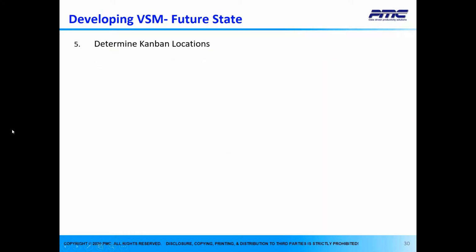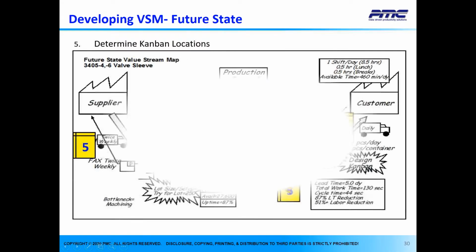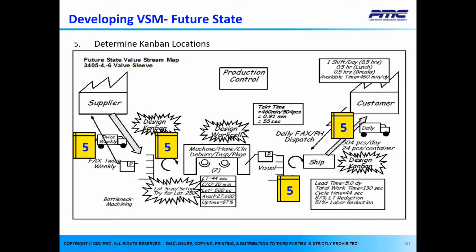So with a work cell for 5 processes, scheduling between them becomes a trivial case. They will be directly linked with continuous or small batch flow. Kanban internal to the cell is unnecessary or becomes part of the detailed cell design.